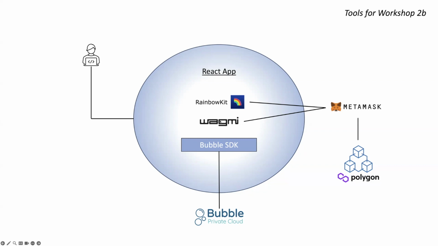And we're going to use WAGMI, which is more the back end of our app, to communicate with MetaMask to do things like deploy contracts and interface with contracts. And finally, we're going to use the Bubble SDK to interface with our off-chain storage provider, which is the Bubble Private Cloud.